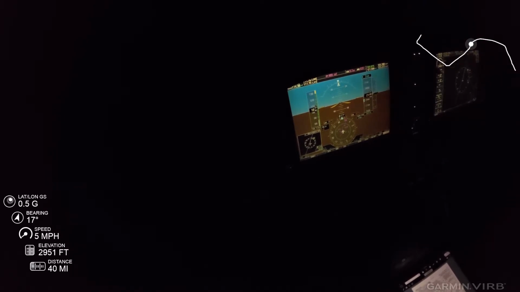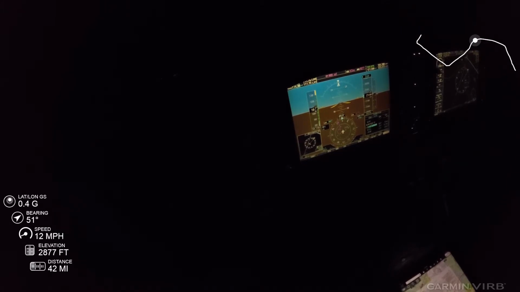Scavengers 220, tell you what, I'll give you a shortcut. Right turn 060, there will be vectors for the ILS. 060. Now this would have been the plan, but it's in here.